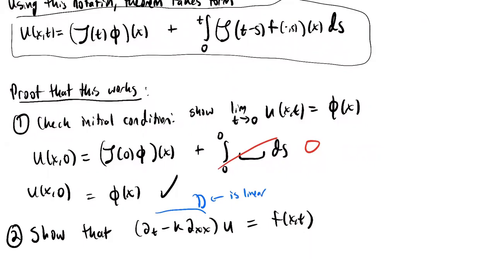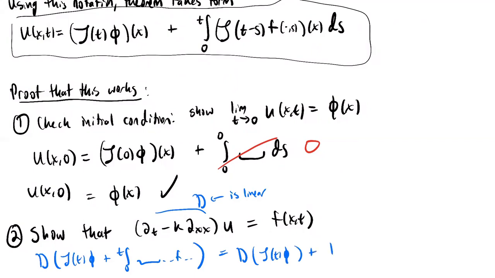Well, notice that this operator D is linear. So let's just look at this. Let's say I apply D to the first term, which is the solution operator at t applied to phi, and then the integral of these terms that involve f. Well, since this is linear, I can break this up as differential operator applied to the first term plus differential operator applied to the second term, right?